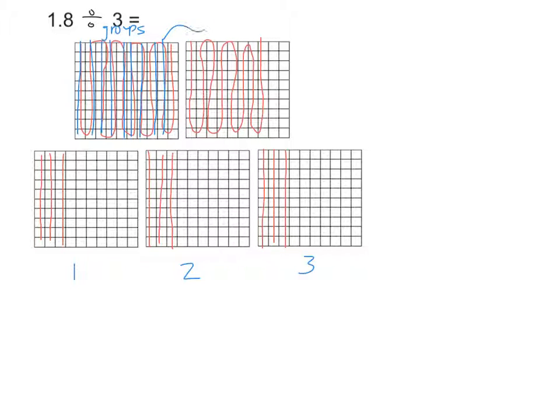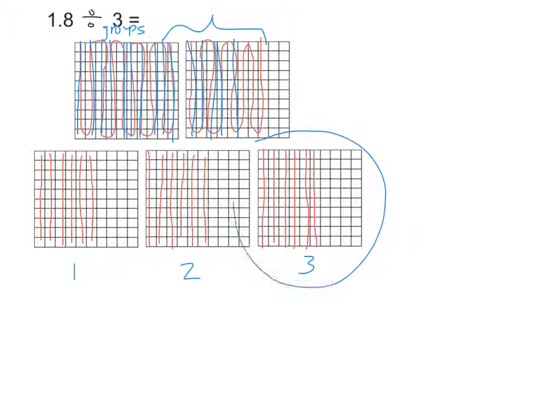So I still have several more rows to give out. 10, 11, 12, 13, 14, 15, and I have exactly 3 rows left. So 16, 17, 18.